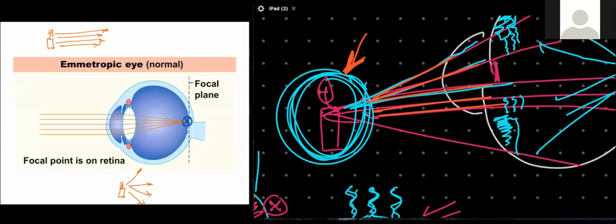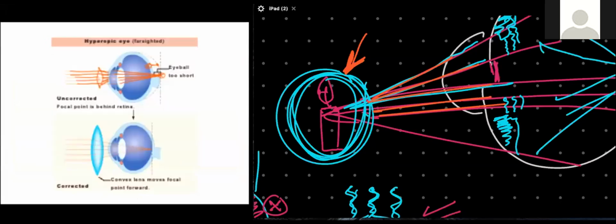So it's going to be easier for him to converge the parallel light rays. That's why the other name for the condition is far-sighted vision. Because it's easier for him. He sees a far object better. Make sense?